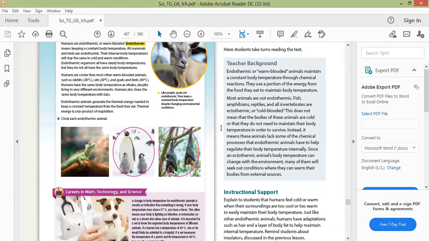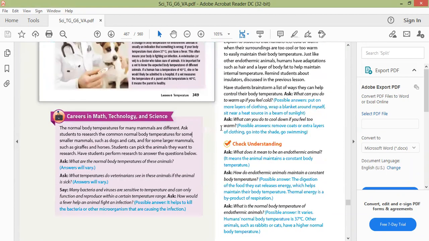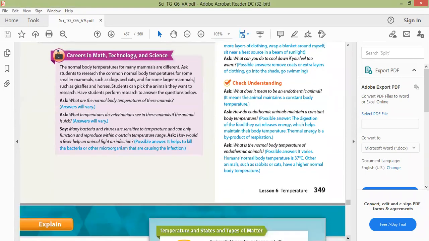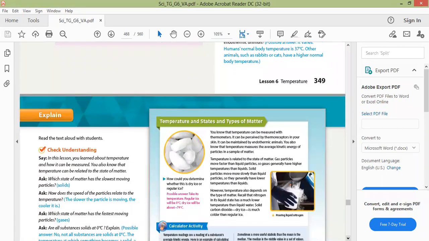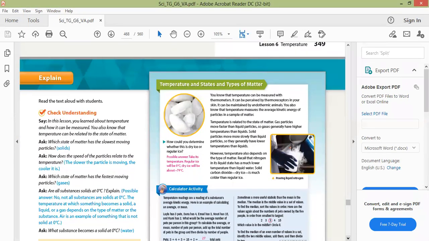Now let's go to the last part we are going to talk about in this class today, which is temperature and states and types of matter. I will ask you a question. The more kinetic energy for particles, the more the particles move, the more temperature.